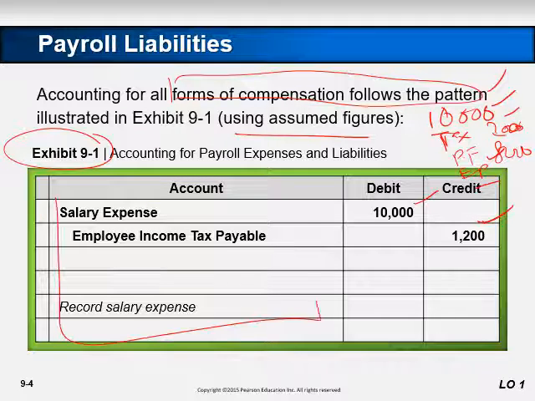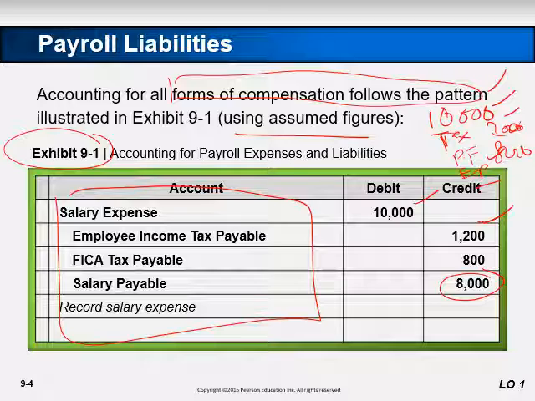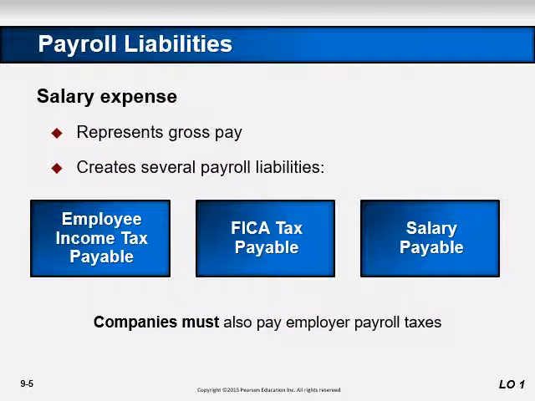Pay close attention to the entry here: salary expense to tax payable, to FICA tax payable, and other pension payable or something, and then the salary payable. Your net salary is 8,000 that you will receive, but since you did not receive it yet, it is a liability. So normally salary expense is not equal to salary payable. Salary expense is represented as gross pay.